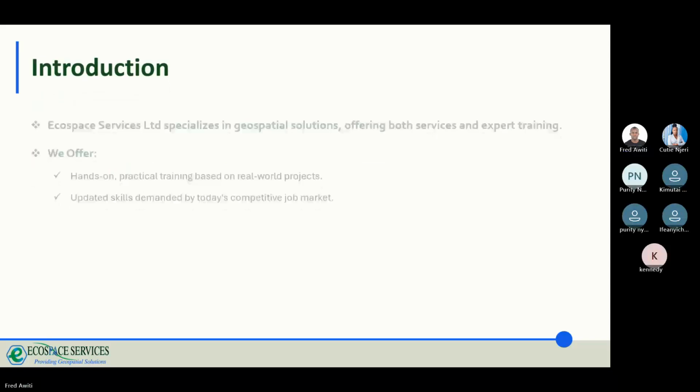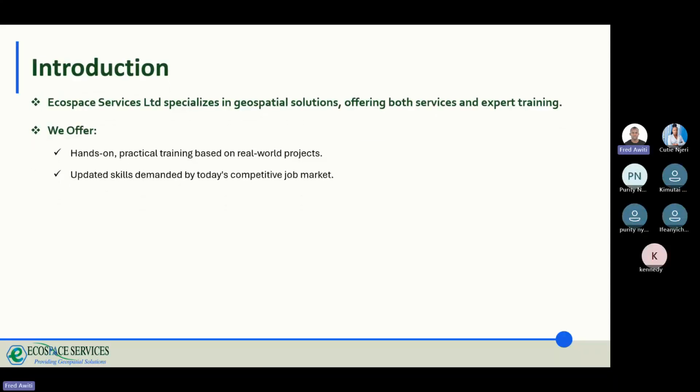So just to introduce you to EcoSpace Services. It's a geospatial firm that specializes in providing geospatial solutions, offering both as a service, sale of surveying equipment, training, application development, and internship to students.